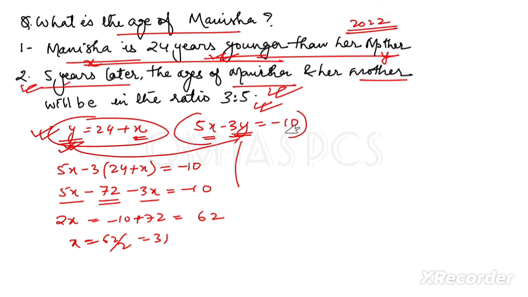Okay, if you want to write it like this, x plus 5 by y plus 5 is equal to 3 by 5. So it is clear that from this equation or this relation we are not getting the answer. If you are following just an individual equation, we are not getting the answer.